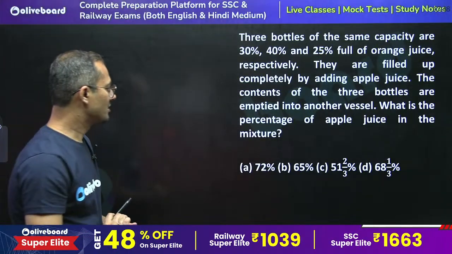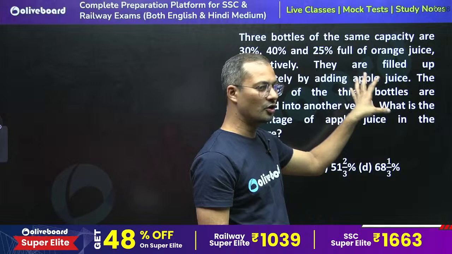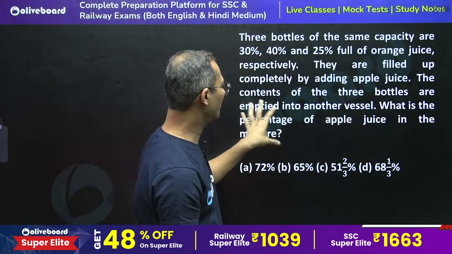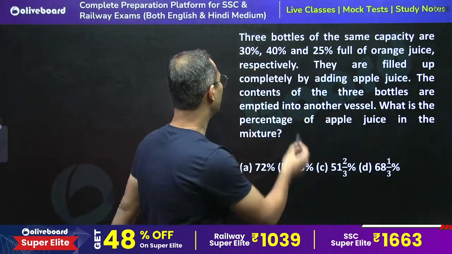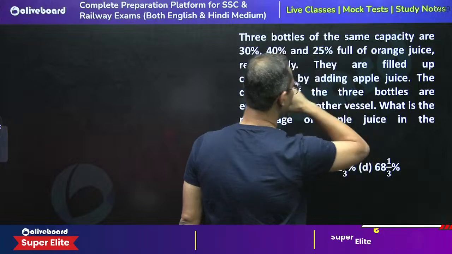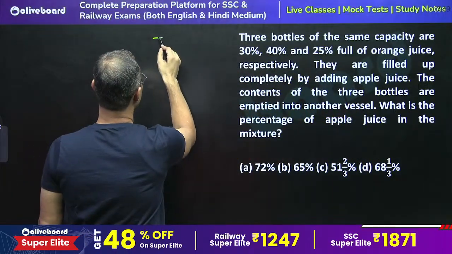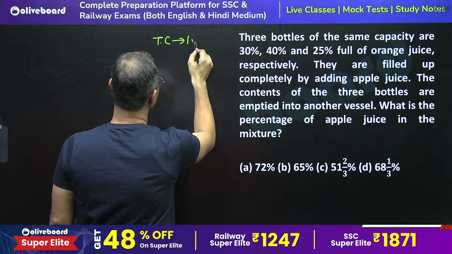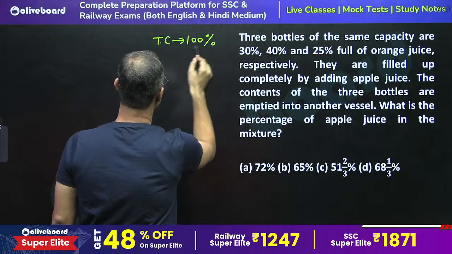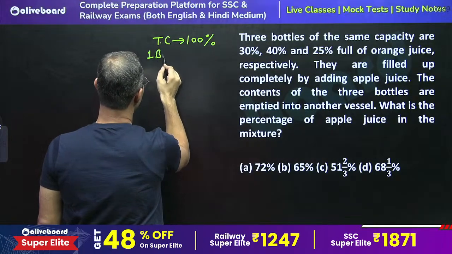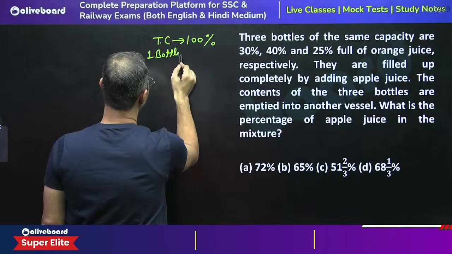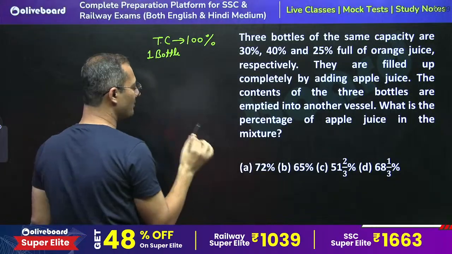Yes, Krishna. So moving forward, this is a very good question, right? Three bottles of the same capacity. The capacity of the bottle is the same, so the total capacity of one bottle is 100%. We have three bottles.